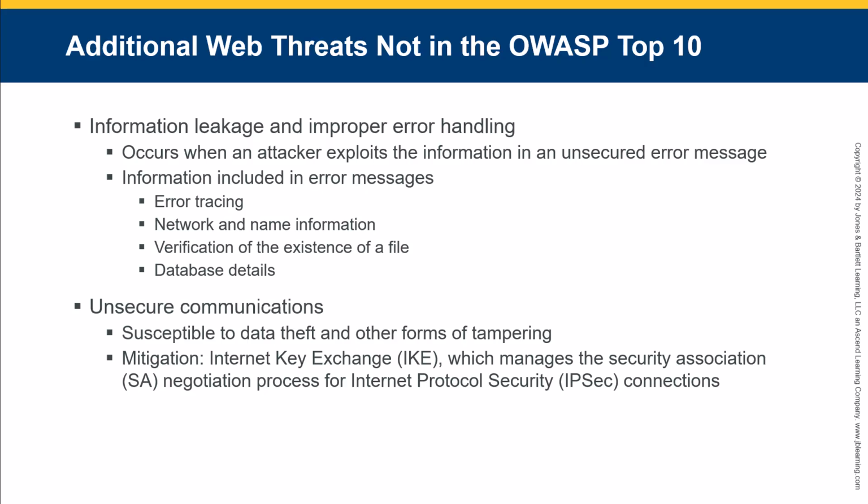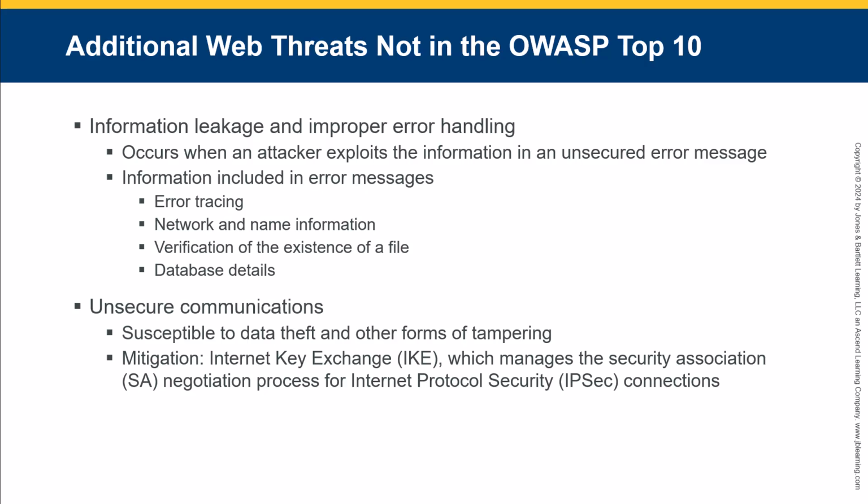If an attacker tries and they do get error messages, they might get error tracing information, they might get details for names, verification of a specific file type, or they could get more database details. So error messages need to also be sanitized to make sure that attackers are not able to pull as much data from them.